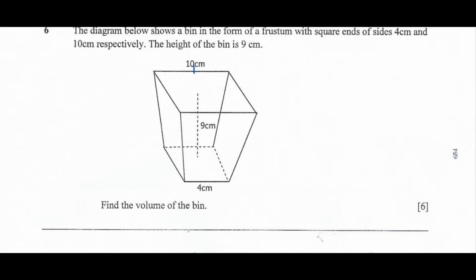If this is 10 centimeters, this is also 10 centimeters. Then also this is 10 centimeters and also 10 centimeters. So also it is true for the lower one. So here we have 4 centimeters, here 4 centimeters, then also here 4 centimeters, also 4 centimeters.